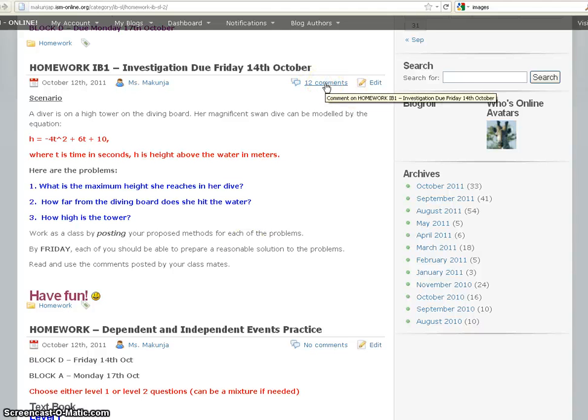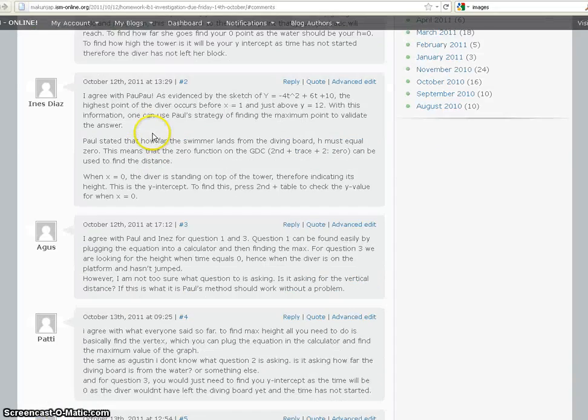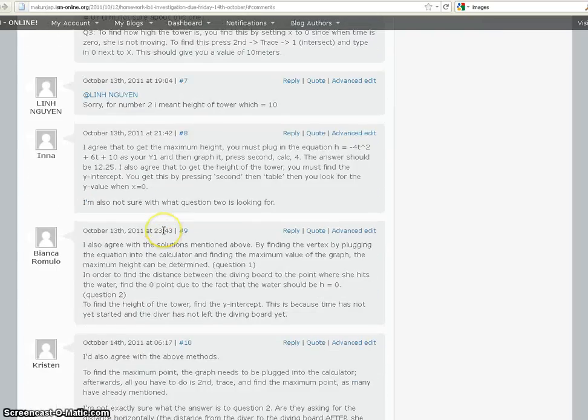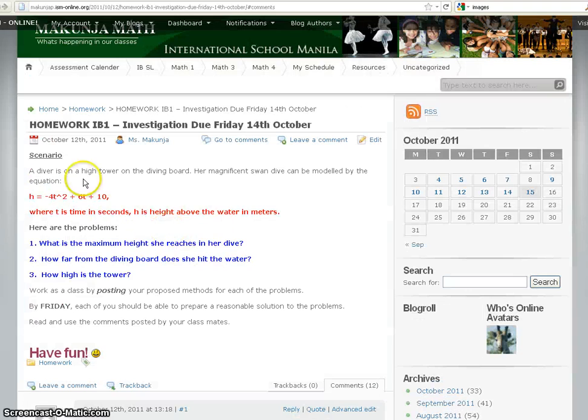So I got them to have a think about it, post their ideas, and then kids could feed off each other and refine their understanding and possible strategies. And by the end of the time, when we came back to class together, pretty much all the kids were at the same place with a pretty good level of understanding. So collaboration, very big part, and a blog is a great way to do that.